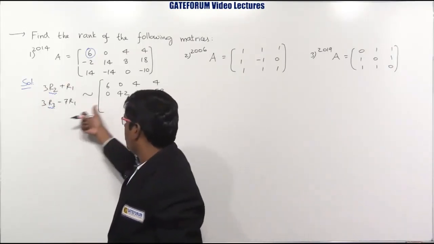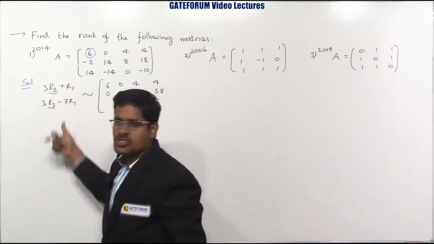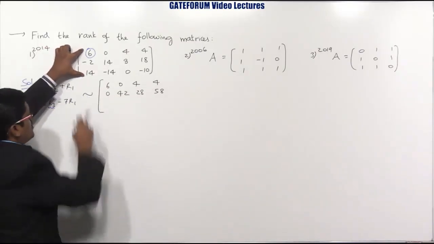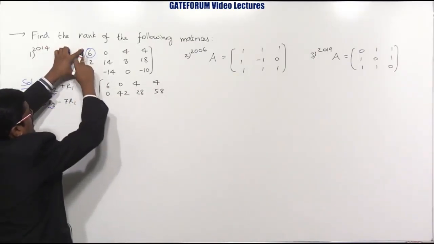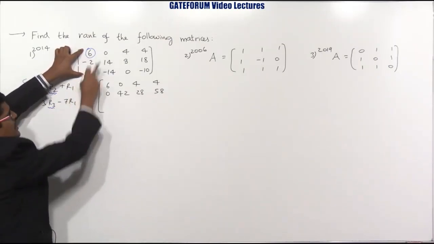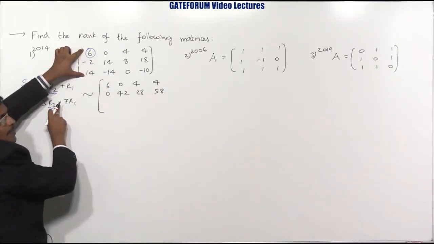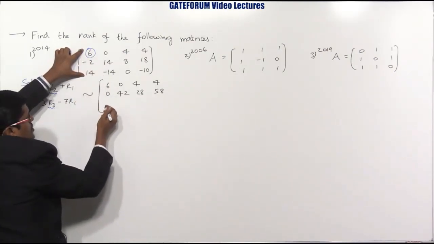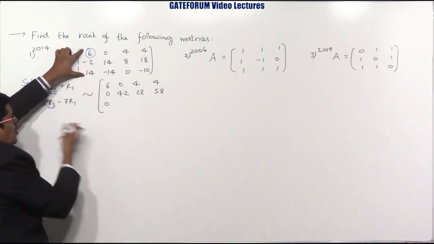Similarly, you will get the new elements of R3 by using this operation. So now expand your fingers. One finger shows R3, the other one is R1. Which type of row operation? Here you multiply by 3, here you multiply by 7 and then subtract. So 3 14s are 42 minus 7 6s are 42. So 42 minus 42, 0. I already told you this.